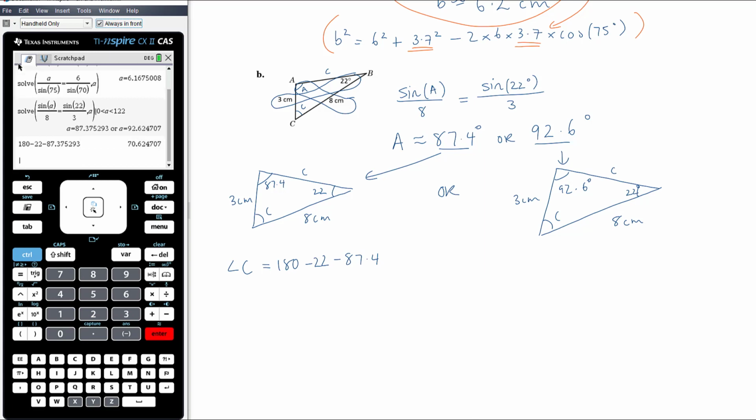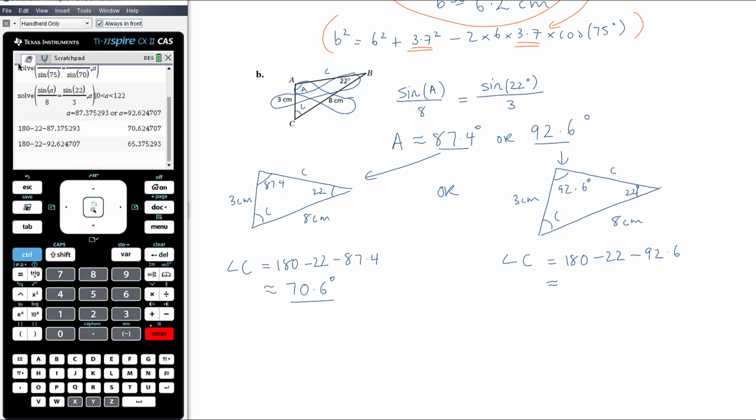So C is going to be 70.6 degrees. In this triangle, if angle A is 92.6 degrees, 180 minus 22 minus 92.6247707 gives me about 65.4 degrees.